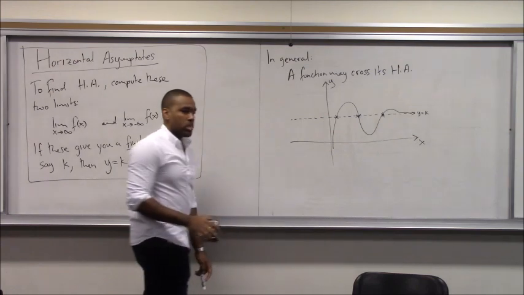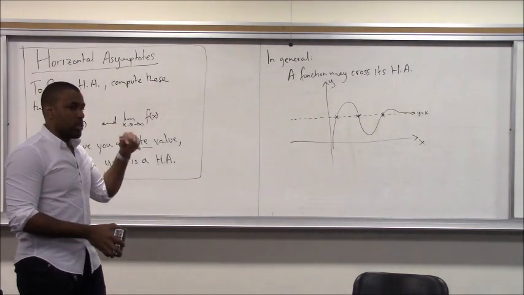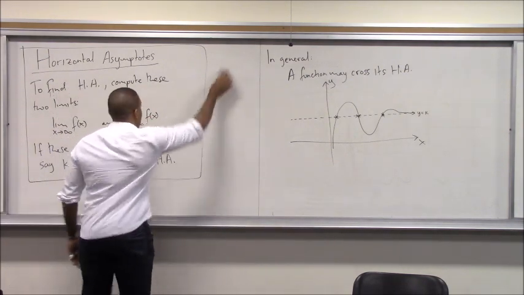It is strange to cross a vertical asymptote though, because remember we said in the situation that we're thinking about, vertical asymptotes happen when a division by 0 happens. So usually you're never going to cross a vertical asymptote.